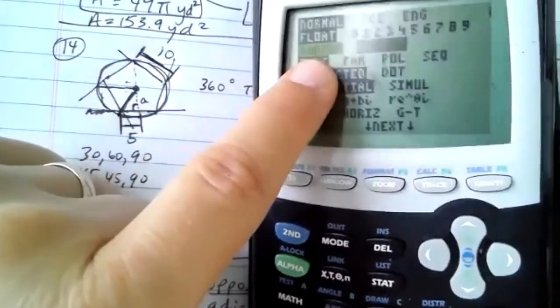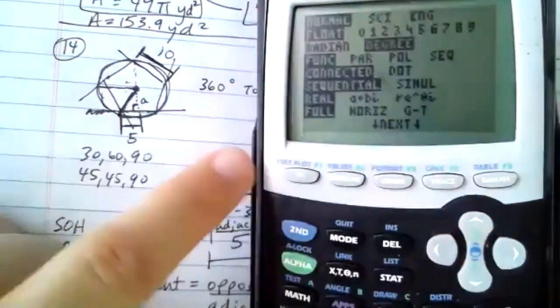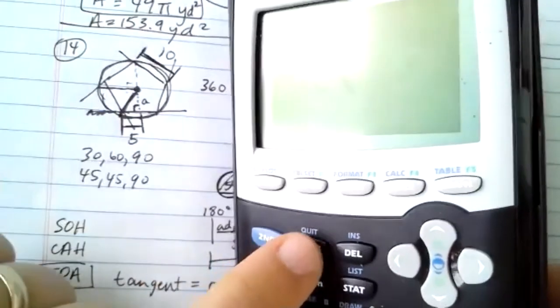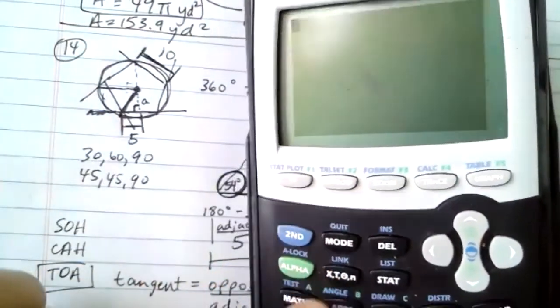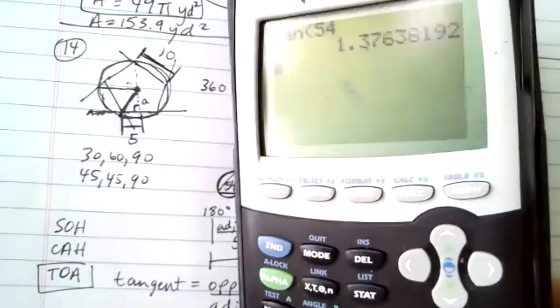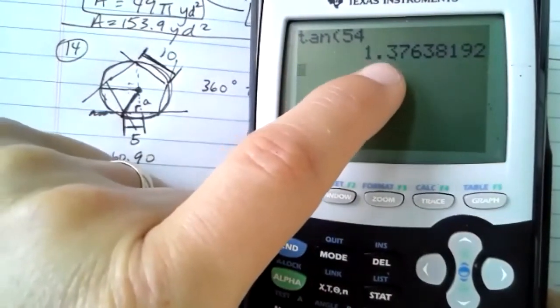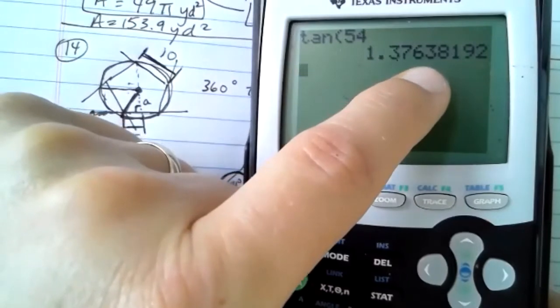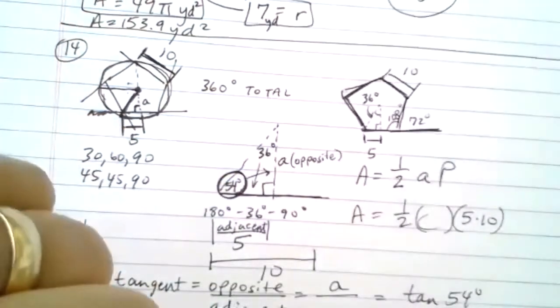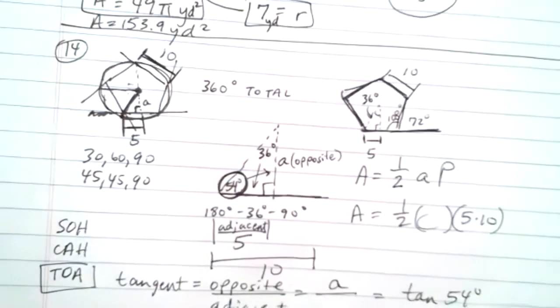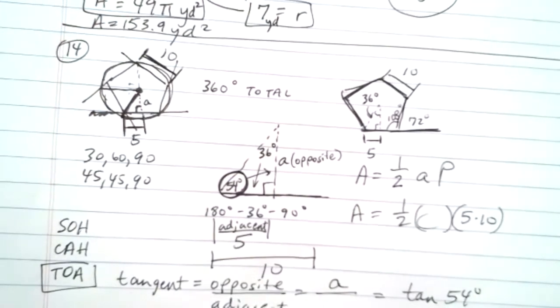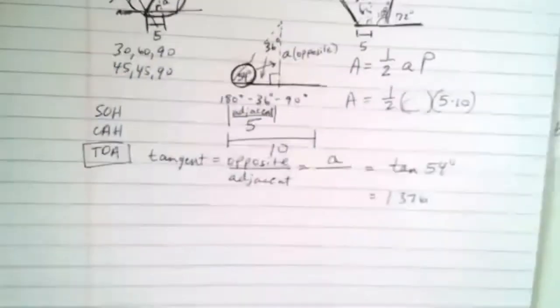I need to change it to degree. Okay, now it's flashing degree. I just click mode and then that. So now I'm going to type in tangent of 54 degrees. It's bigger than 1. It's 1.376, and we can write that as an estimation down here, okay?